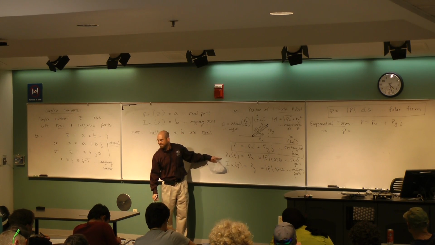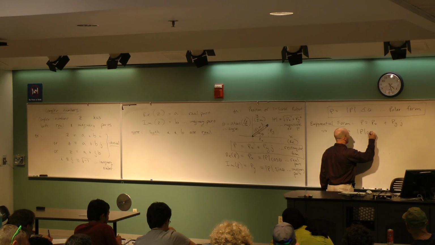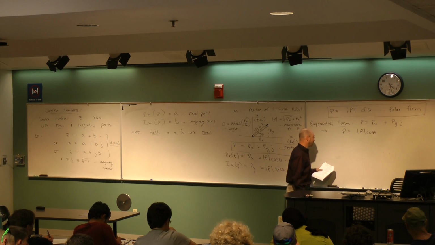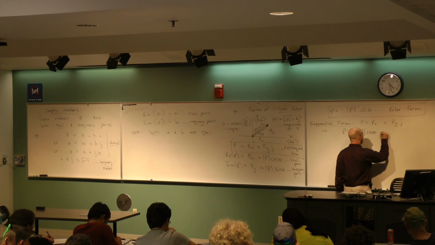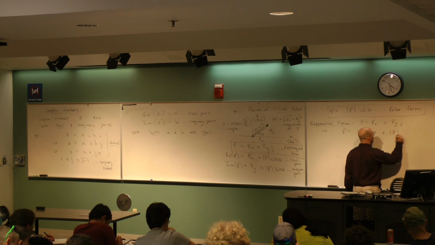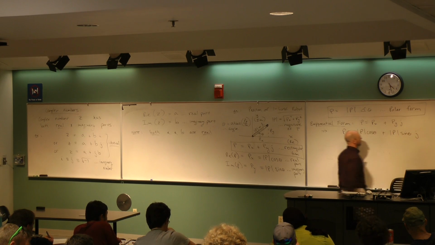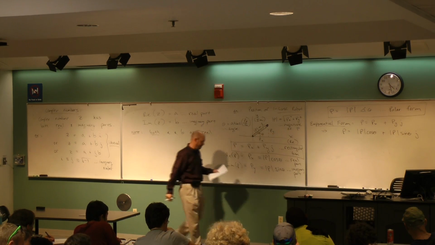It's right here, right? Magnitude p cosine theta. So I get that plus what about py? Magnitude p sine theta, and don't forget the j. The py gets multiplied by j.